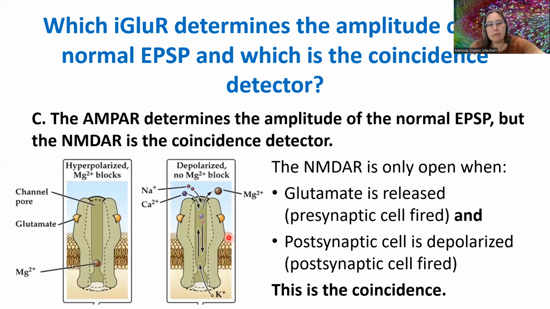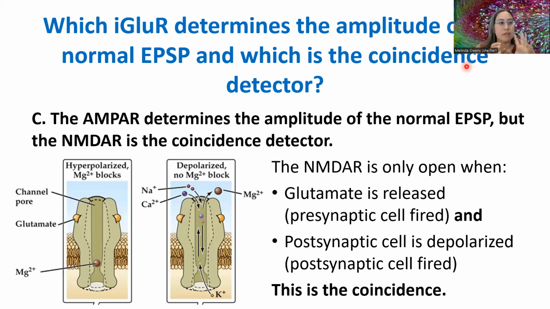Now what about the coincidence detection? If you remember, coincidence detection is when the presynaptic cell fires, the postsynaptic cell fires, and the detector can tell when both of those things are happening at the same time. So let's think about whether the NMDA receptor might be a coincidence detector. We said the NMDA receptor is only going to open when glutamate is released, which is when the presynaptic cell is firing, and when the postsynaptic cell is depolarized for a sustained amount of time, which is indicative of postsynaptic cell firing.